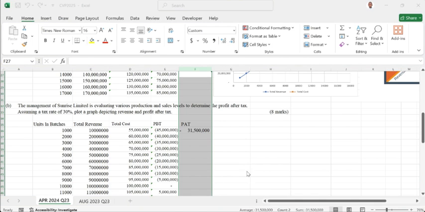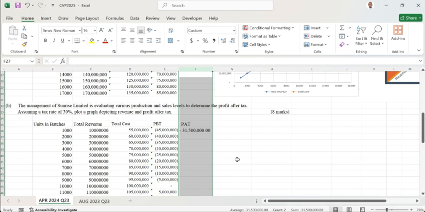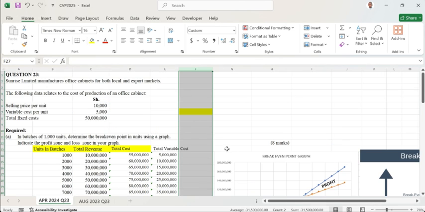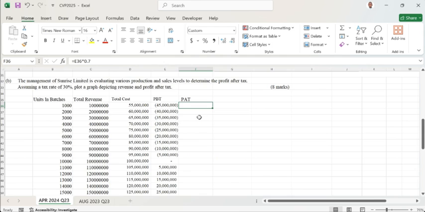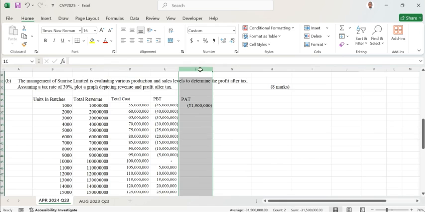Let me use the bracket style. Mtu anagonga laptop. Let me use customize.